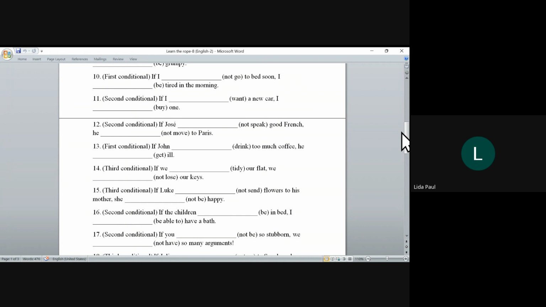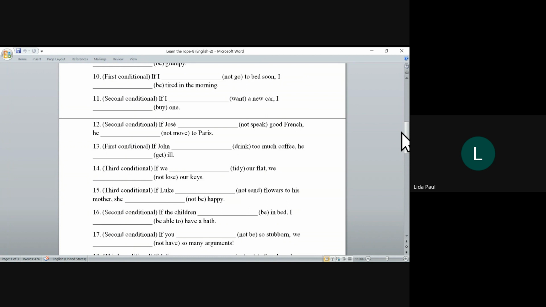Again, the 12th one would be: if Jose not speak good French, he not move to Paris. Simple past, would, and the verb form. What would be the answer? If Jose didn't speak good French, right?